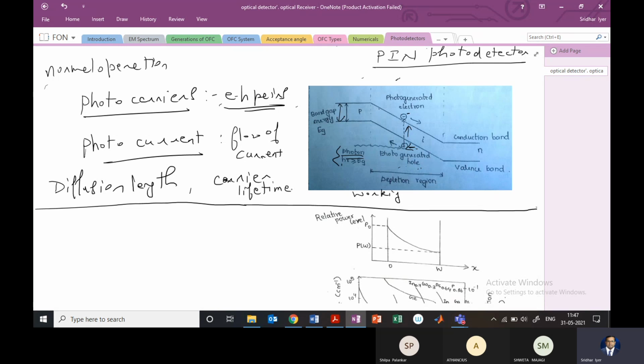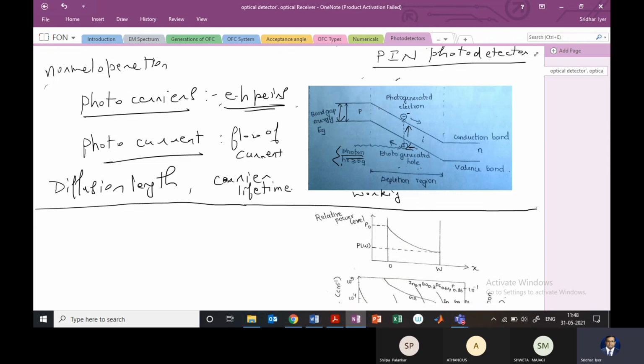It will provide energy equal to or greater than the band gap energy of the material, and the electron will move to the conduction band. Because we have applied a reverse bias voltage, all of these carriers will start moving towards the junction, covering a distance known as diffusion length, and this flow of carriers generates the photocurrent.